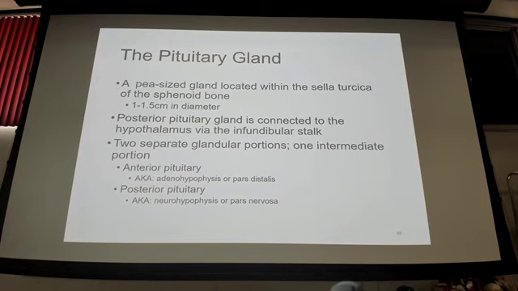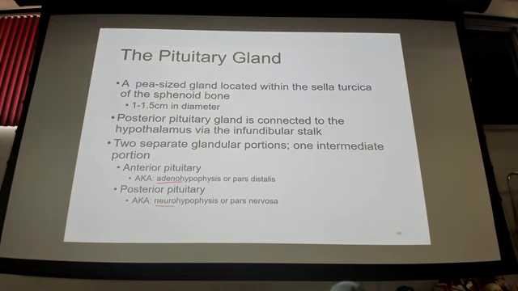The easiest way to remember the anterior and posterior pituitary is that everything we talked about with the posterior pituitary has to do with neurons, neurohypophysis, right? Adenohypophysis doesn't really help, but that's the anterior pituitary. And again, two separate glands and two entirely separate processes.